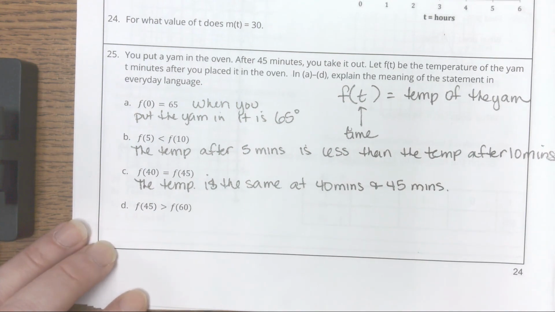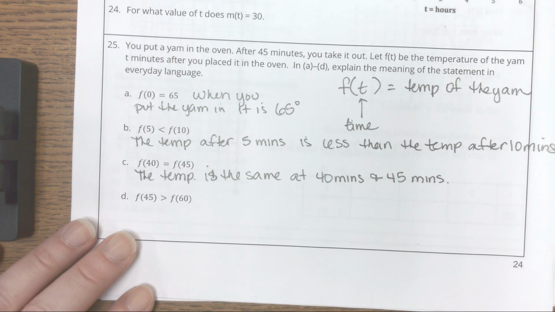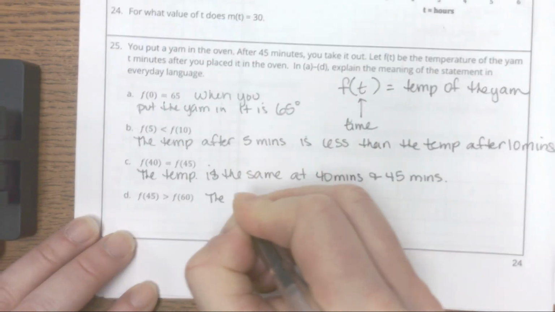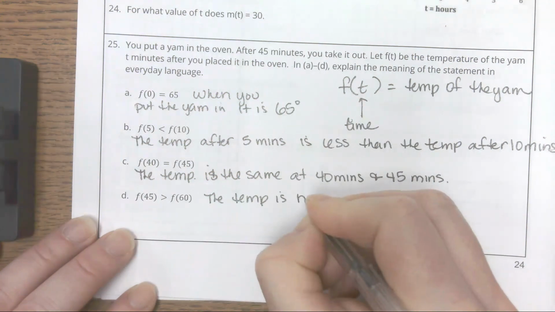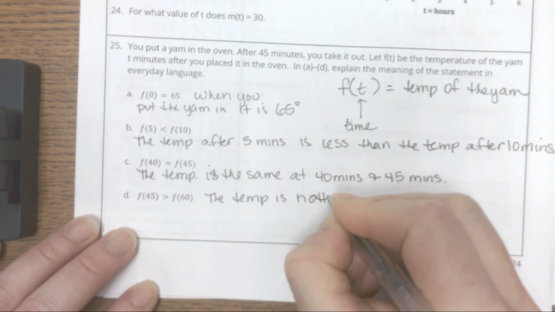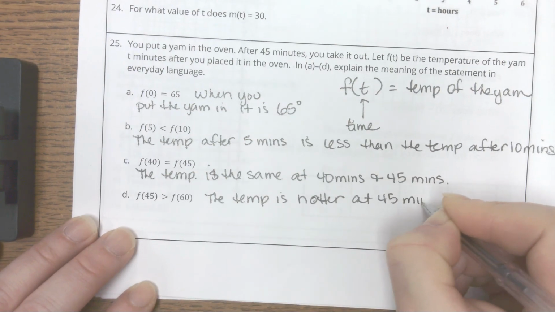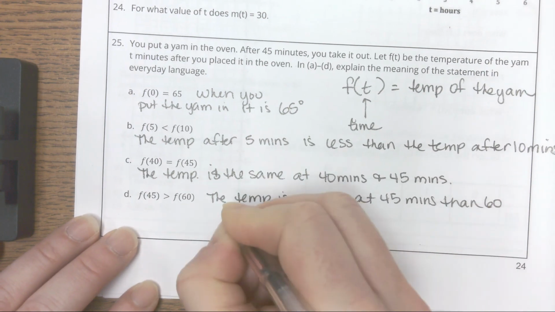And F of 45 is greater than F of 60. Temperature is higher. We'll say hotter, higher, at 45 minutes than 60 minutes. Can somebody tell me why that is?